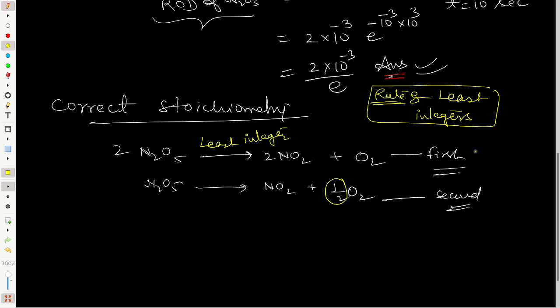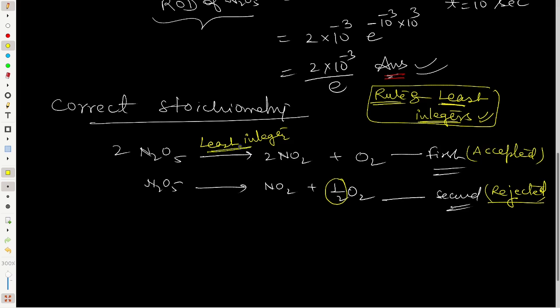So this is the accepted stoichiometry. This is the rejected stoichiometry. Why, dear friends, is this rejected? Because we know we should select that stoichiometry which has the least integers as the stoichiometric coefficient.